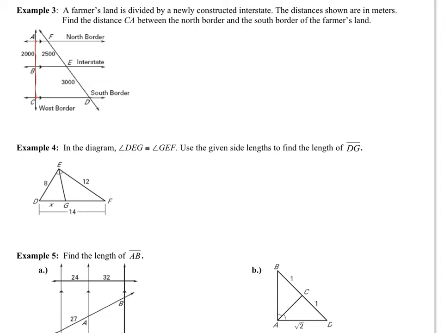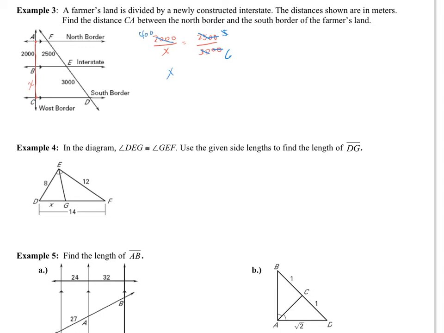So first of all, I need to find the length of BC. By theorem 6.6, I can set up a proportion, 2000 over x equals 2500 over 3000. And I can simplify. Let's cancel out two sets of zeros, and then simplify the right-hand side.